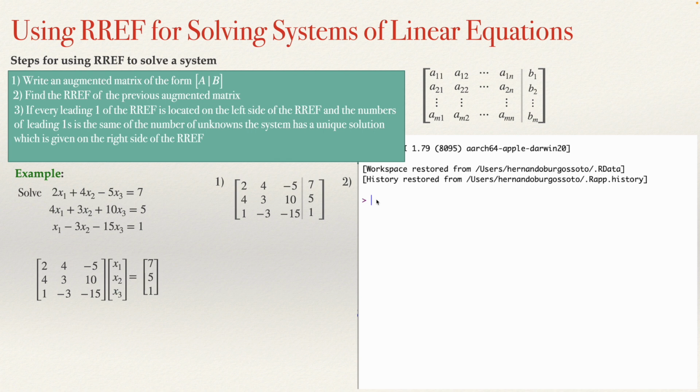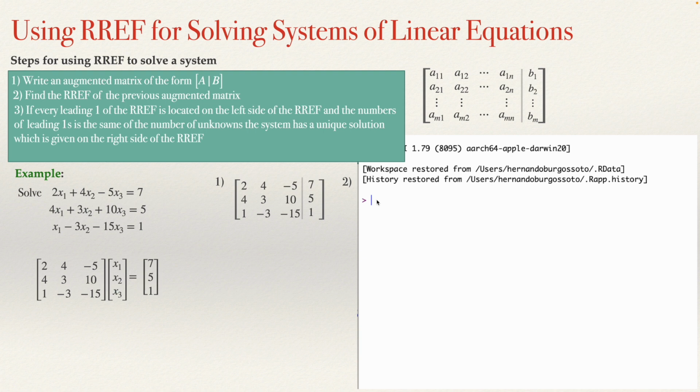So you open R, and remember, for working with matrix algebra, a good package is pracma. You should have pracma installed in your system before solving a problem using it.